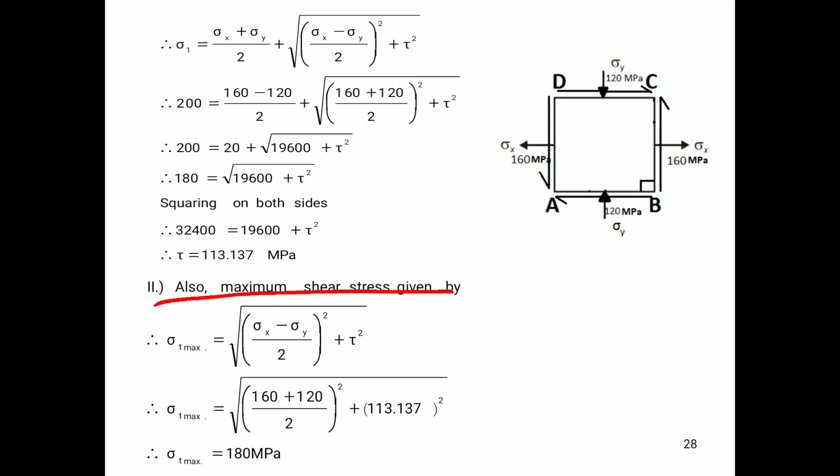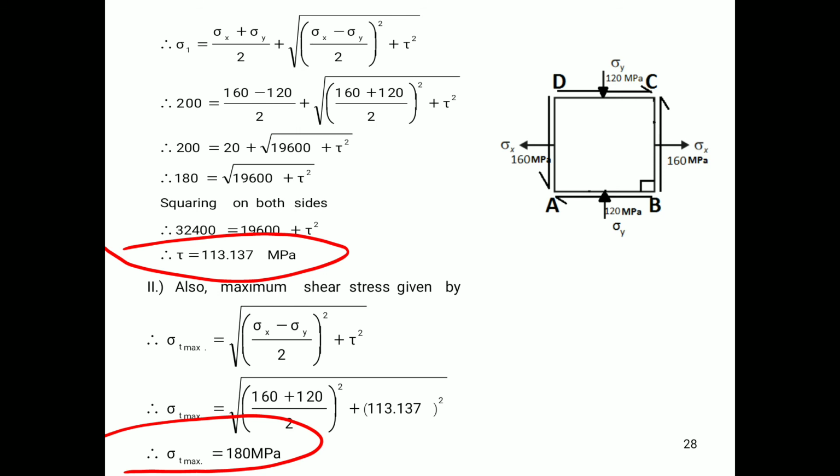Just put the values of sigma x, sigma y and the value of tau which we found in this equation. On putting the values we will have tau maximum 180 megapascal. So remember that the value of maximum shear stress is 180 MPa.